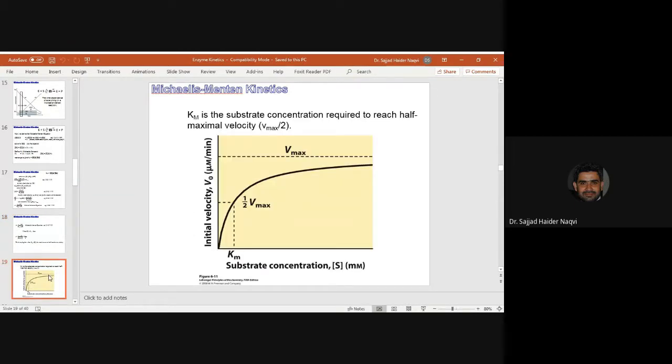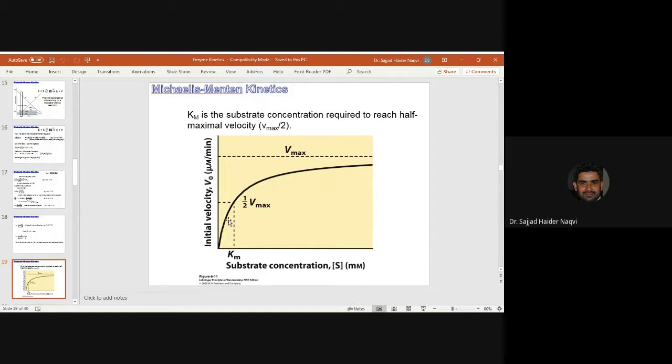Now graphically, we can explain the Michaelis-Menten equation simply by this. And this graph has already been studied earlier on, if you remember. So at time 0, there is 0 velocity. But as you increase the substrate concentration, the initial velocity increases.